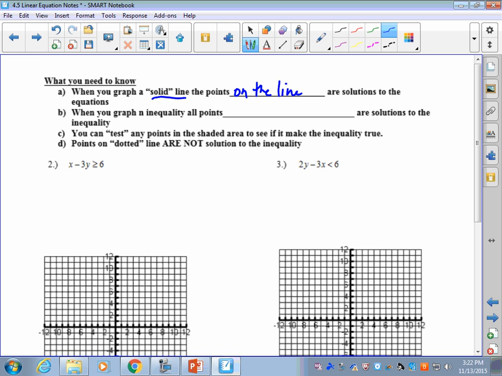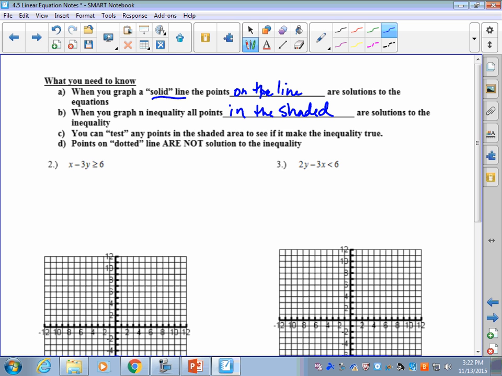But when you're graphing an inequality, all points in the shaded region, because it depends on the inequality. All points in the shaded region, because when we checked the point that was in the shaded region, it worked.